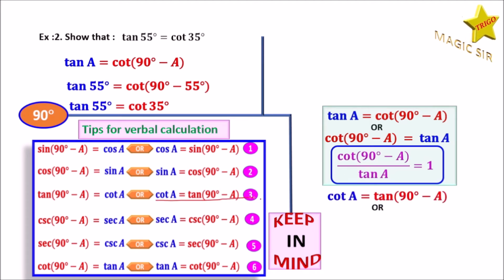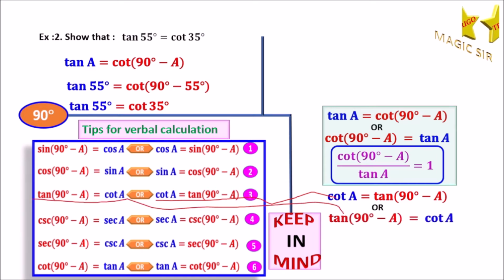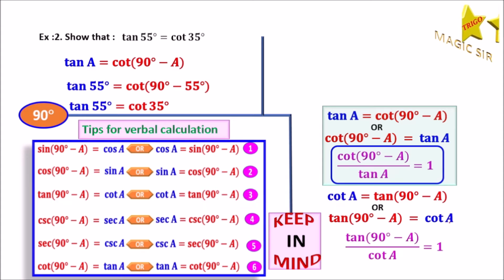Similarly, from the third formula, cot A is equal to tan of 90 degrees minus A, or we can write tan of 90 degrees minus A is equal to cot A. Dividing both sides by cot A, we get tan of 90 degrees minus A upon cot A is equal to cot A upon cot A, which is equal to 1.